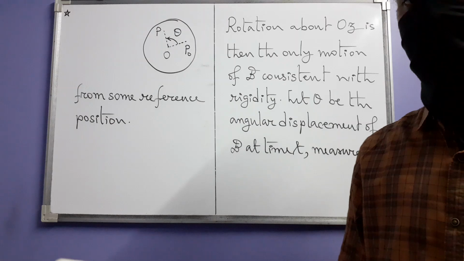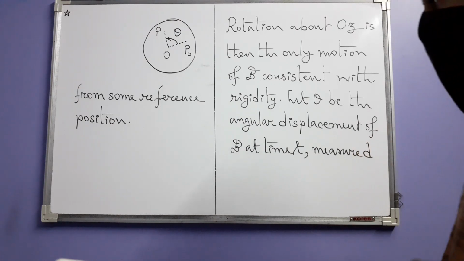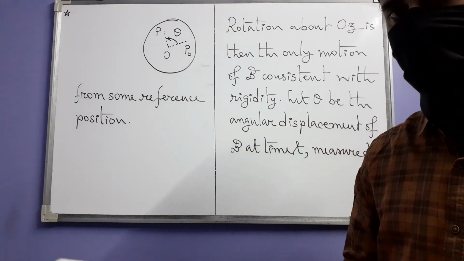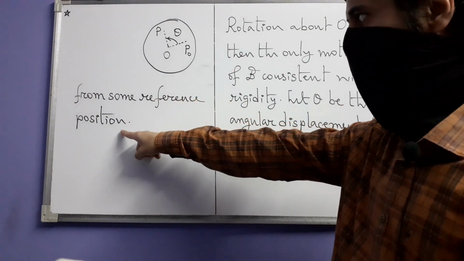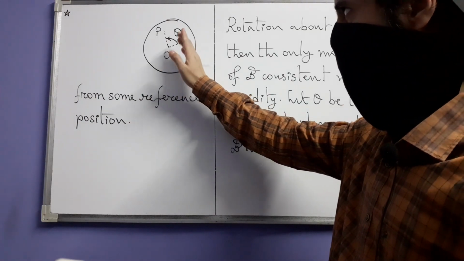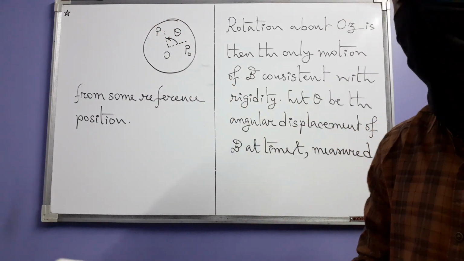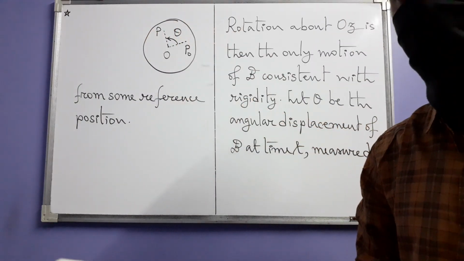Now when there is rotation involved, the thing that you should measure is the angle of rotation. Let theta be the angular displacement of the rigid body B, which is this angle of rotation, at time t measured from some reference position. Say this is the reference position and this is where the body is at a general time instant t, and it rotated by an angle theta.